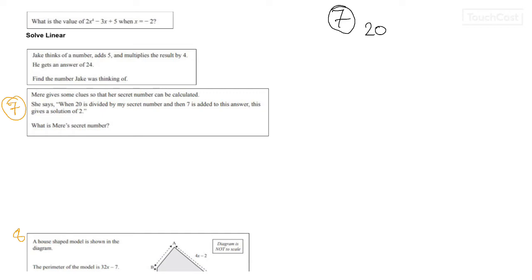is divided by my secret number, let me call it n, and then 7 is added to the answer, this gives a solution of 2.